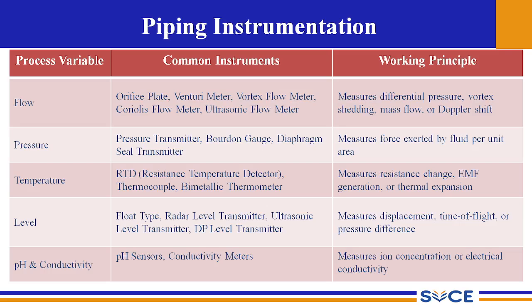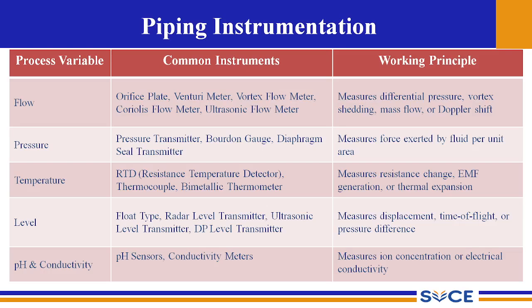So next is the pH and conductivity. Here we have pH sensors and conductivity meters. The working principle of these pH sensors and conductivity meters is to measure the ion concentration or the electrical conductivity of the solution.